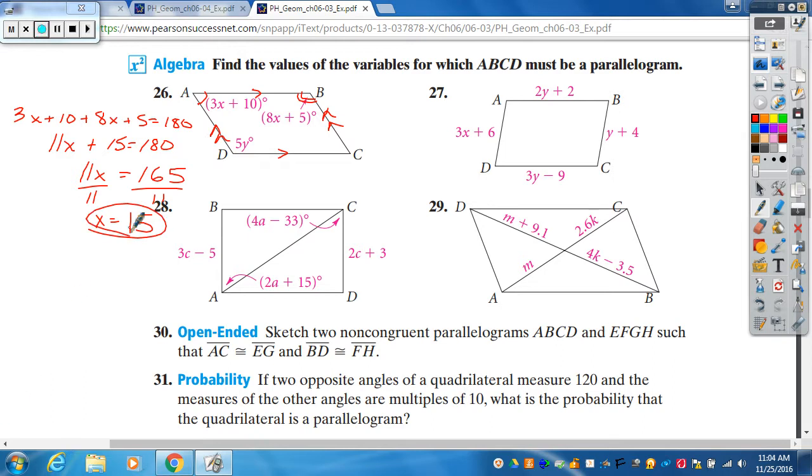Now how do I solve for y? There's actually one of two ways that at least that I see, and there might be more, but I'm looking at this picture. Actually, there is another way, but it's much more complicated. To solve for y, here's the two ways that I'm thinking. These two angles, again, are same side interior angles, so they're going to be supplementary, so you could do something kind of like this, setting the sum equal to 180. But we also know that the opposite angles within a parallelogram are congruent, okay?